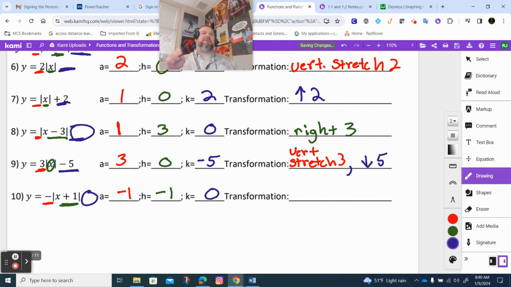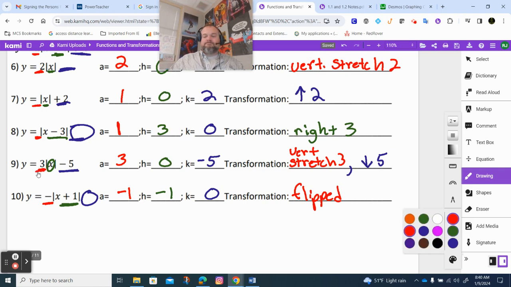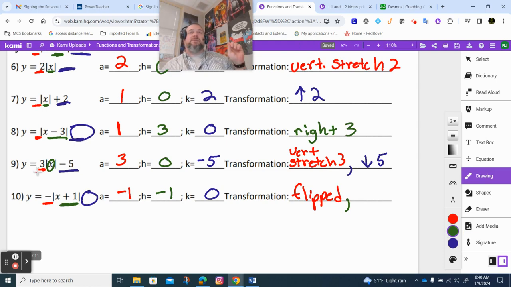Kind of helps when I make that big 0 with the pen, huh? All right. So when our A is negative, it's flipped. Our H is negative, so that means it goes to the left. Very good.